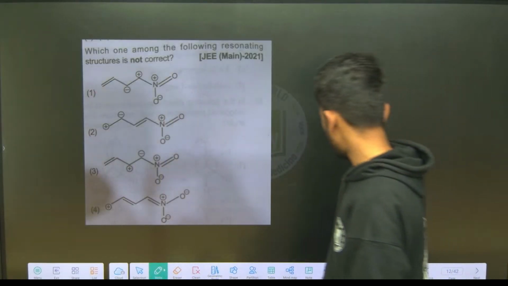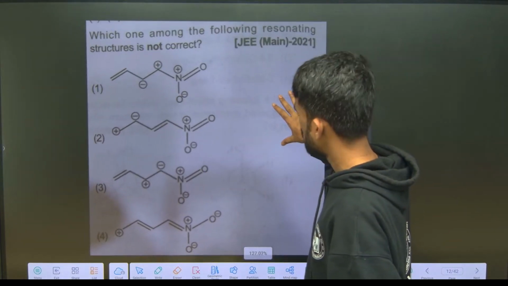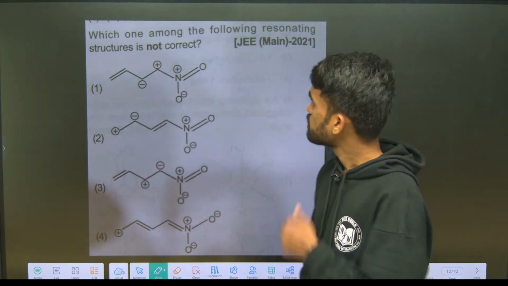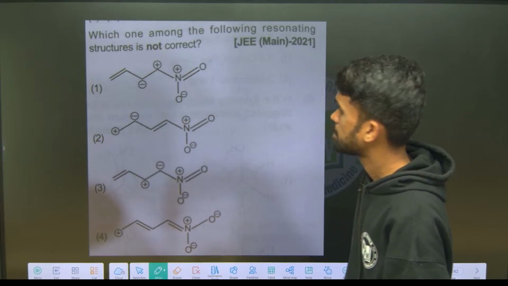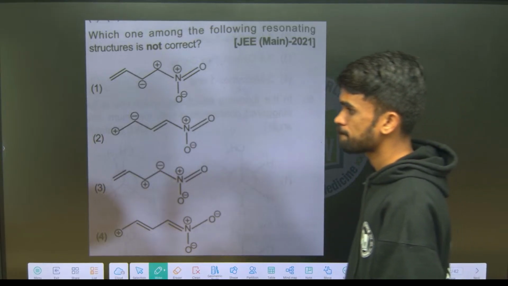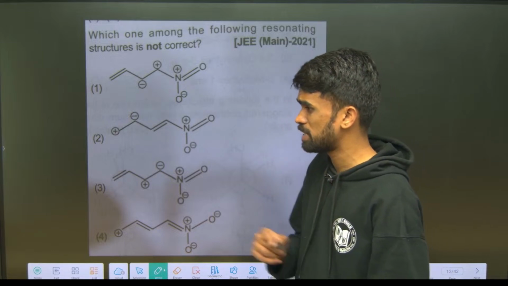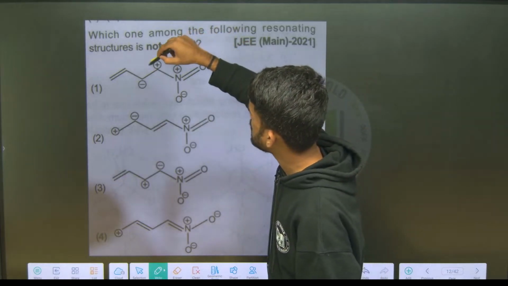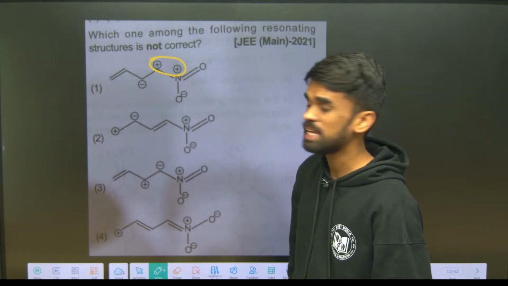Tell me which of the resonating structures in the given 4 options is not correct. See, based on the 4 statements which I have given, in the first case itself you can see 2 like charges beside each other, which is not correct and highly unstable.